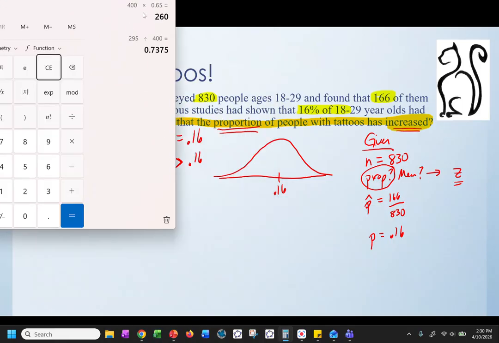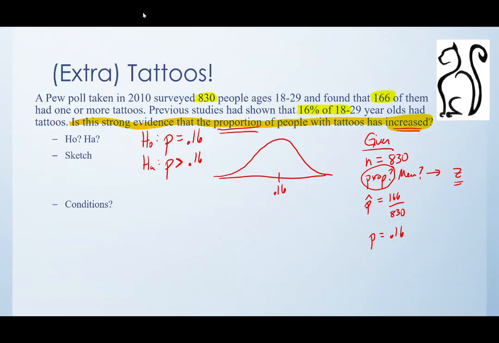All right, so not a huge change, but that's a pretty large survey. And the larger your samples are, the more you can distinguish between sampling variability and relatively small changes. But yeah, that's a 4% change, that's like a 25% increase still, right? So 166 out of 830, we'll just say that's 0.2 because it is.